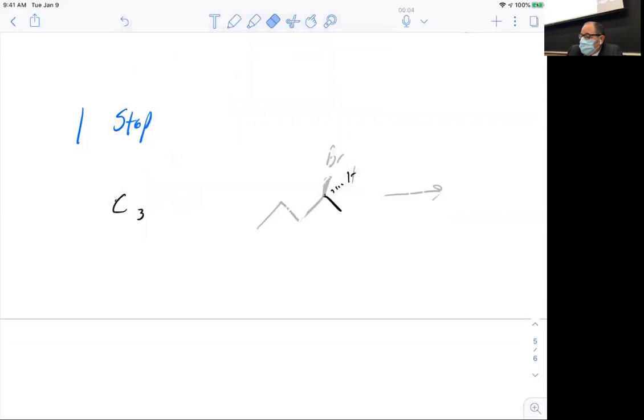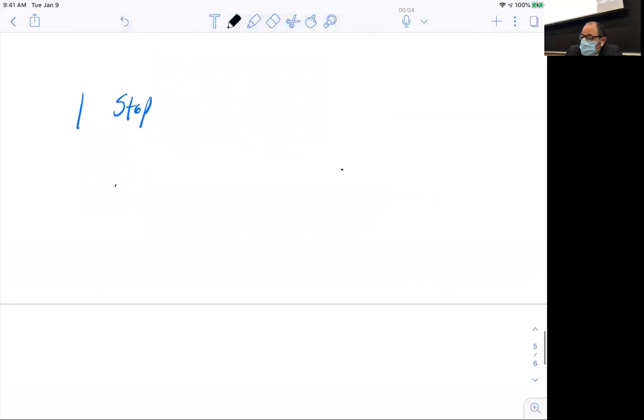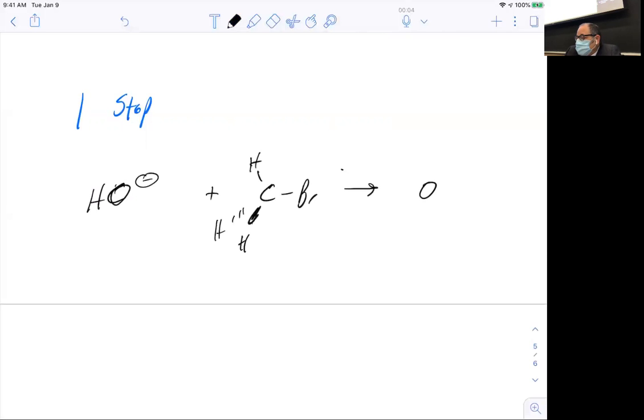Sorry, I'm going to start simpler than this. This will be our second step. So in the first one, we have a nucleophile attacking the electrophile.